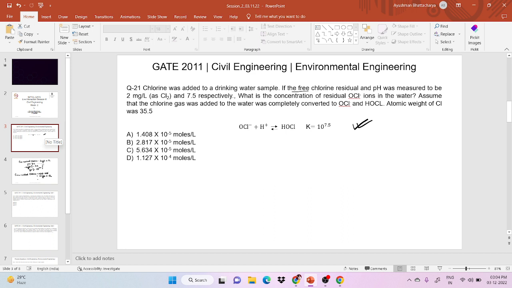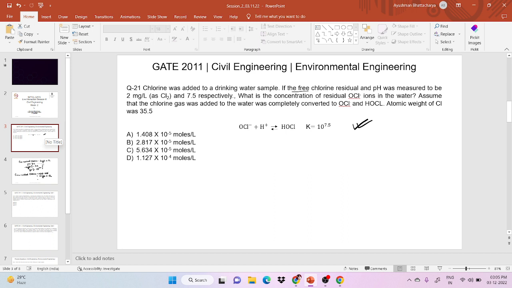Assume that the chlorine gas is completely converted to OCl minus and HOCl. In the equation, OCl minus plus H plus is in equilibrium with HOCl, where the dissociation constant is 10 raised to the power 7.5.